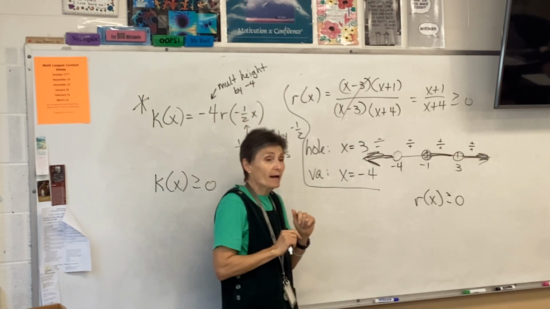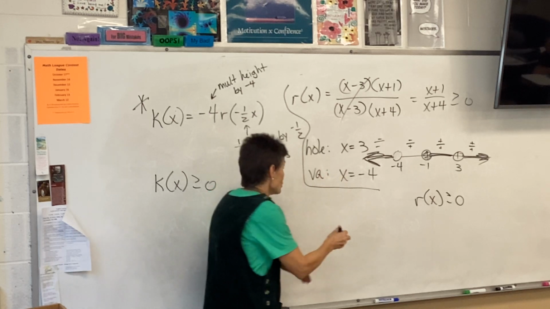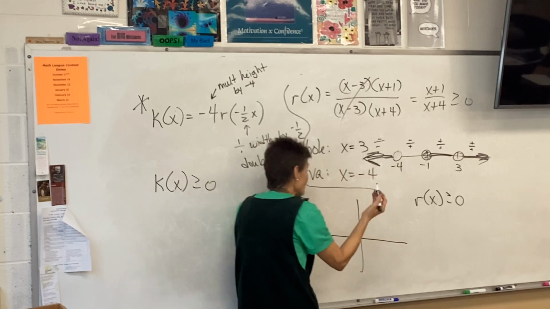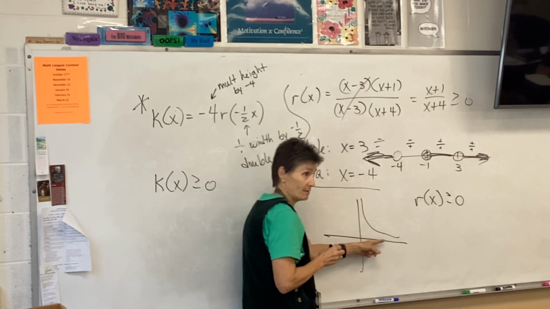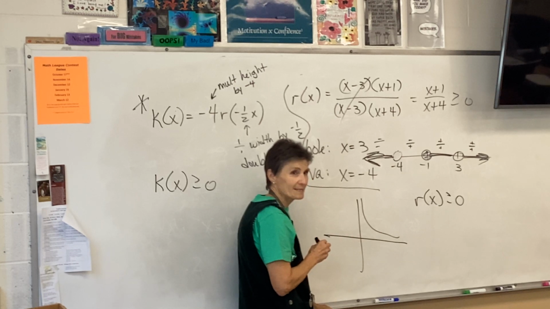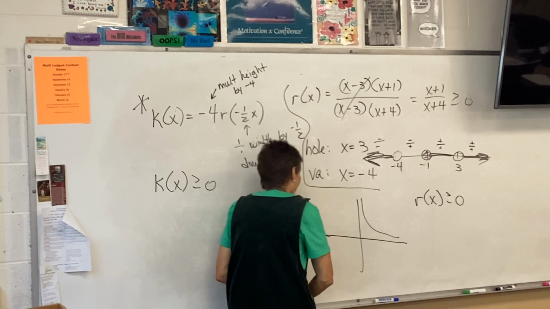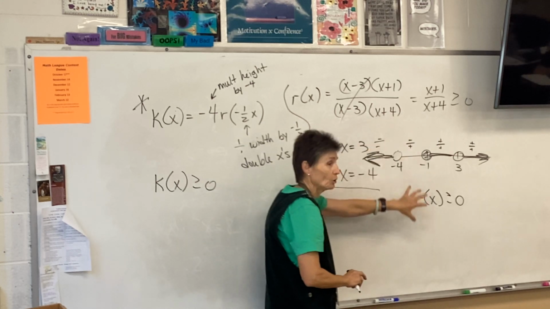Yes. Guys, we're talking about where it's positive. So if you think about that, whatever this shape is, that's positive, right? What happens when I flip it over though? It's negative. So I found where the original was positive.